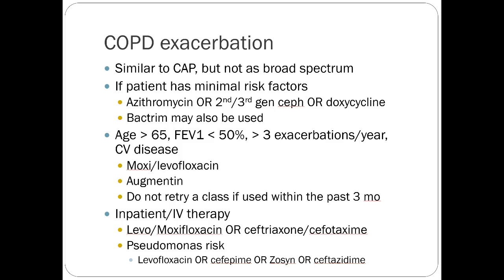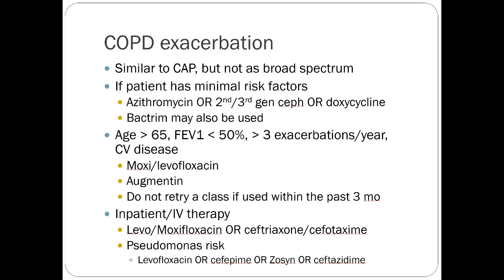COPD exacerbations are a little bit tricky. They aren't really thought of as bacterial exclusively. They can be viral, but there's been a lot of studies, and how you approach them varies on what you read. But basically, if a patient has limited risk factors, treat it sort of like a limited version of a community-acquired pneumonia. So you can actually use azithromycin monotherapy for a COPD exacerbation, or you could go to a single cephalosporin or doxycycline.